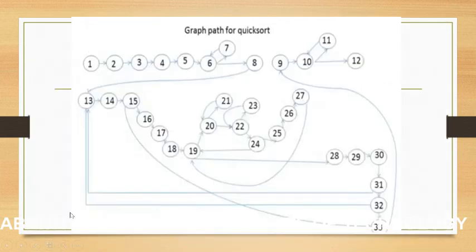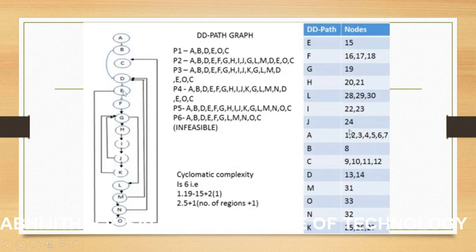Again at 15, branching takes place. So if you see here, at node number 15, that is E, the main branching statement, there are two options. So it flows like this, and we can construct a single graph called the DD path graph by referring to this.